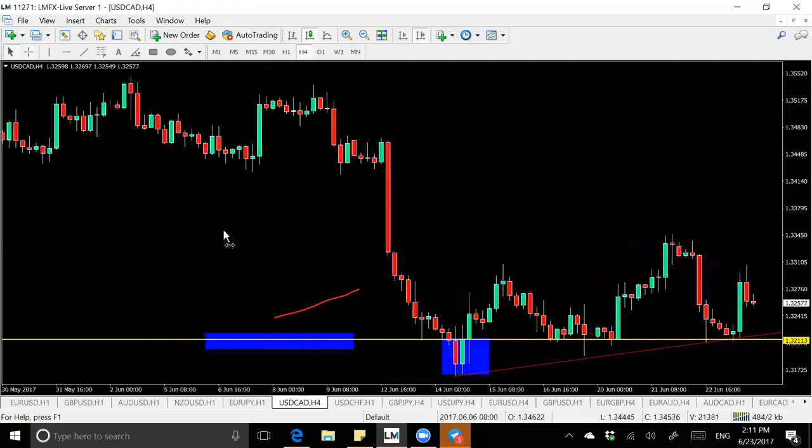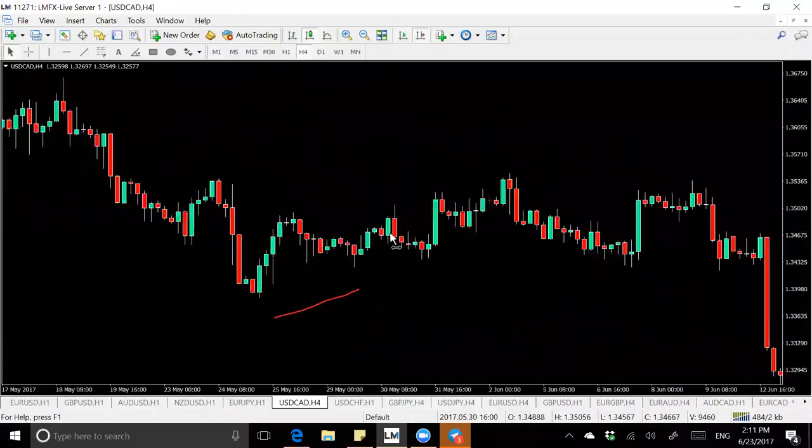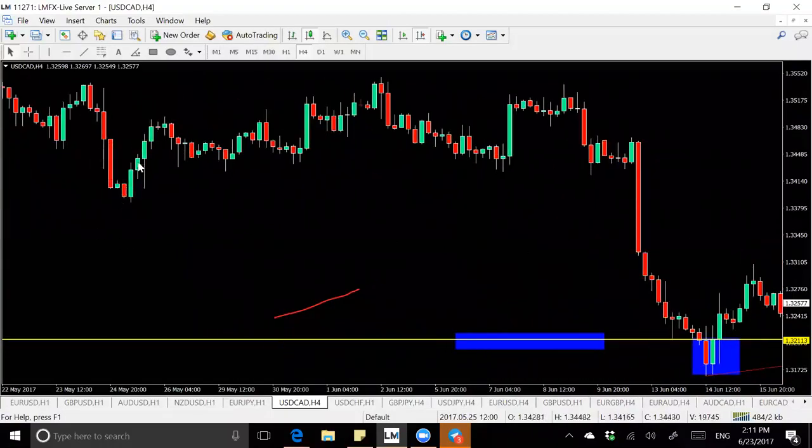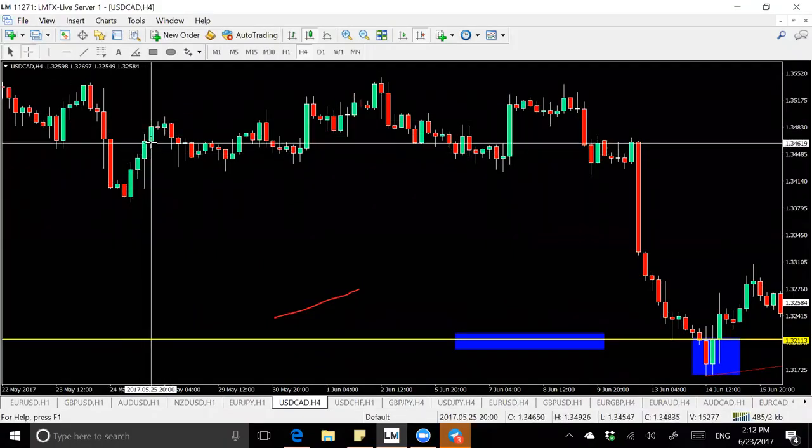But let me show you something now. Markets have been coming down. This was the low they made, but price came back up. And this area has been respected ever since. This area over here. Now, if you take this price, markets did try to make a higher high, but they never really made a higher high.